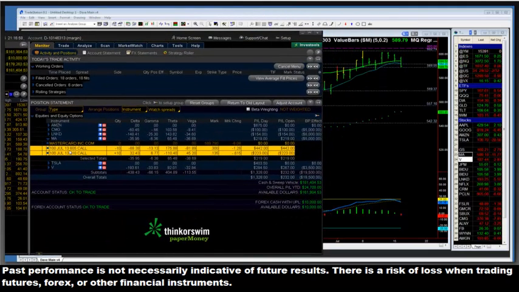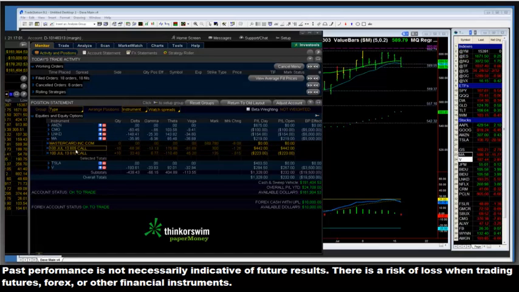We sold 10 contracts of the 605, see that? Bought 10 contracts of the 610. So that's 10 contracts. Now the average price that we received is roughly $380 is the total credit that we received for the spread.